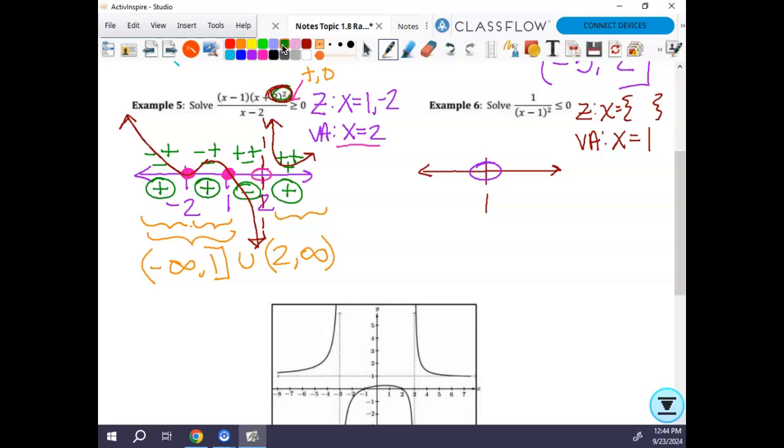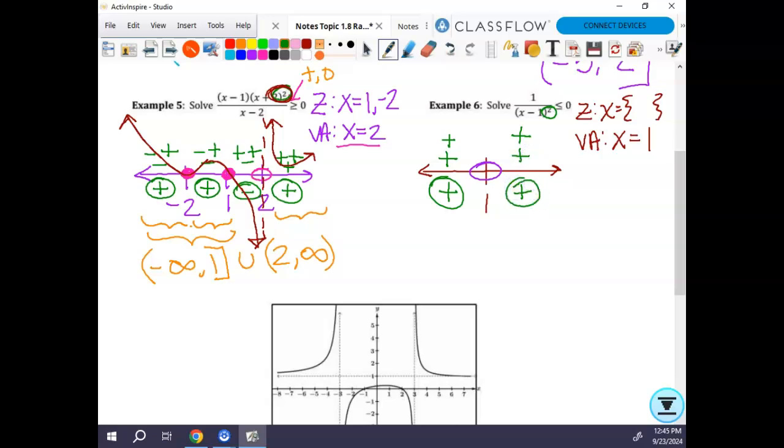So between negative infinity and 1, I can pick 0. Numerator's positive. Denominator, 0 minus 1 is negative, but I'm going to square it, so denominator's positive no matter what. From 1 to infinity, I can pick 2. Numerator's positive. Denominator is always positive, so it's positive.